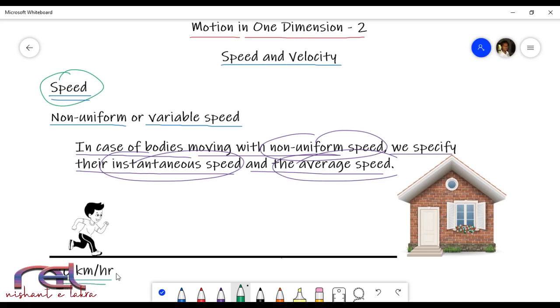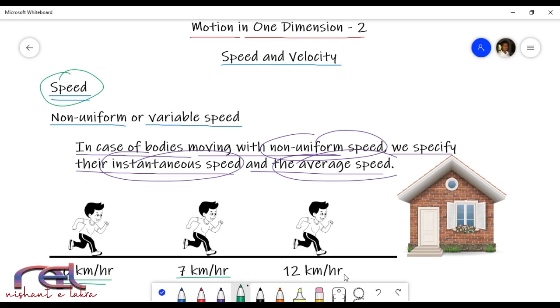After a few minutes, he gets a little tired and his speed becomes less, 7 km per hour. When he's reaching close to his home, he's more excited, so his speed increases again to 12 km per hour.